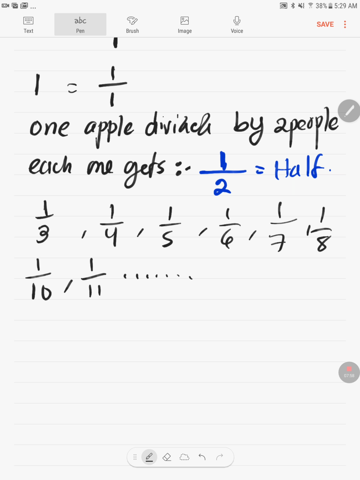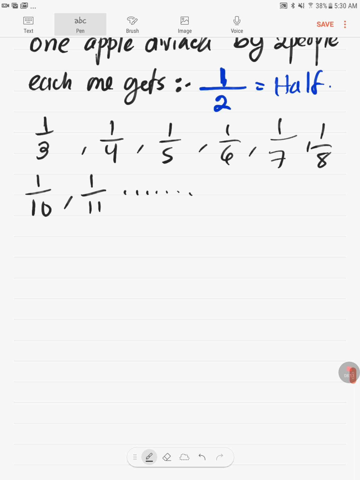So these are all fractions. Now, how do we write this fraction in the form of a decimal number? Let's start with 1/2. So 1/2 could be rewritten in decimal.